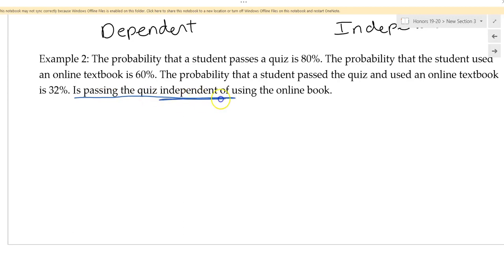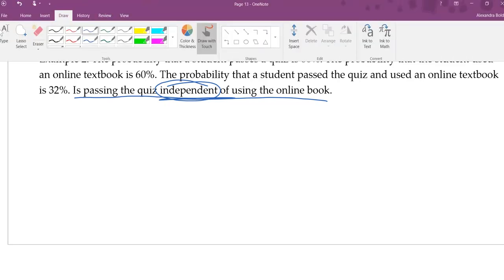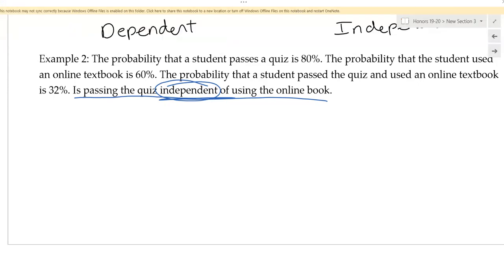Is it independent, right? So if it's asking something about independence, we know we're going to use one of our two independence tests, right? Either the and probability or the conditional probability independence tests. The second thing then is deciding which one to use, right? And that's reading through the problem and seeing which of those two probabilities you have. If you have the and probability, you should use that one.